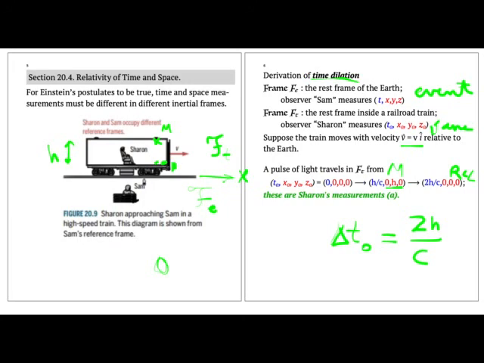Of course, the light traveled first to the mirror and then back to the reception point, but that's the same point, P. So there's no change in position between these two events for Sharon, because she's moving along with this source and receiver. And she will measure the time as 2h over c.